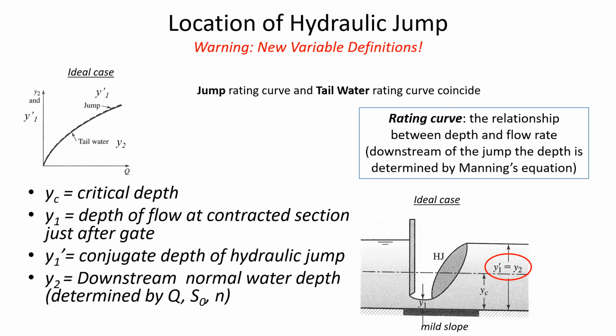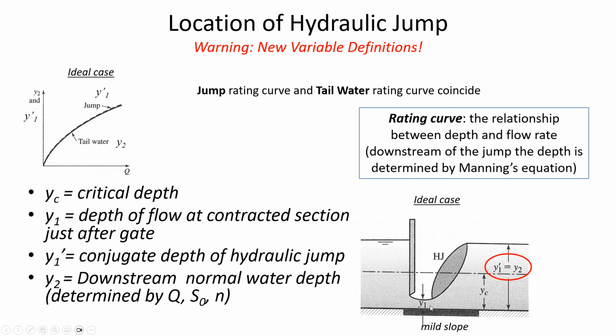We've got this gate mostly closed, and here's the critical depth. This dashed line is associated with the critical depth, and so we're forcing the water to come out from under the underflow gate at a depth that's less than the critical depth. And so it's supercritical. It's going to have a lot of velocity because of all the pressure that's built up behind the gate. So the water's flowing out supercritical, but it's a mild slope, so it has to jump.